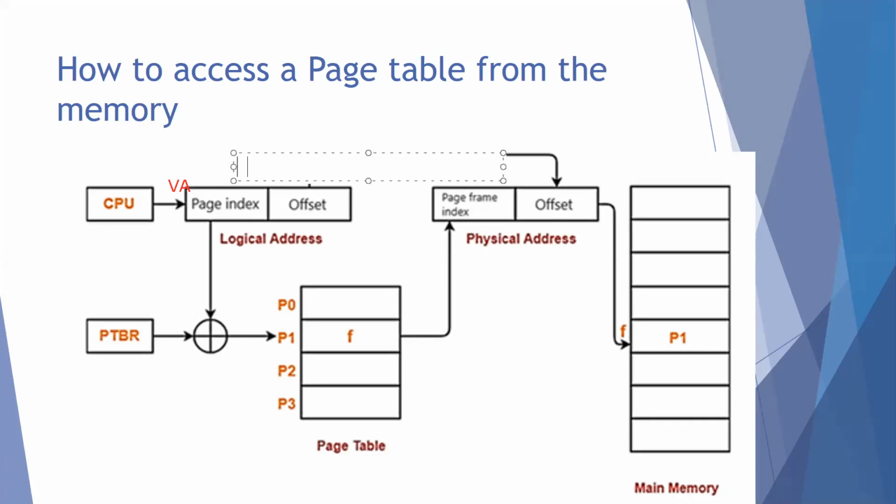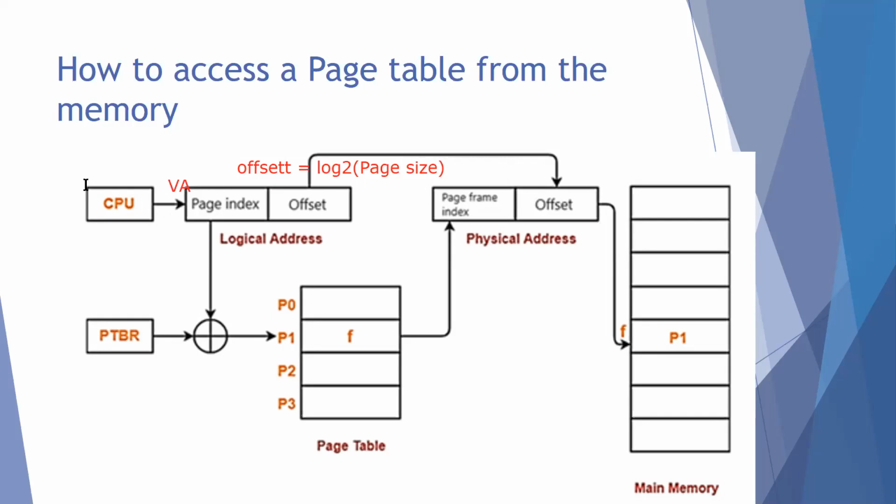Offset is given as log base 2 of the page size. Page size of what? Main memory or virtual memory? Virtual memory. They are the same. Even if you talk about main memory, your page size remains the same. Usually the reference of virtual memory is taken.